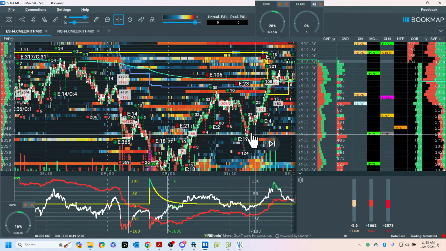I pull back. I've got nothing here to lean on, really. I mean, this might be usable, but for me, it's not at the time because I'm looking for the stops to come out. So I'm not going to get long. I'm just waiting here now because I can't get short here. This is kind of a trap as I see it.